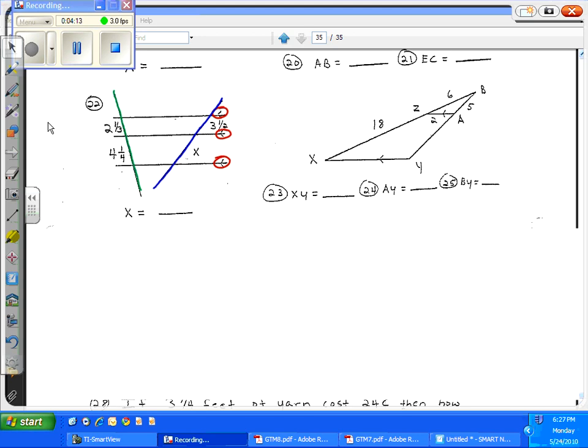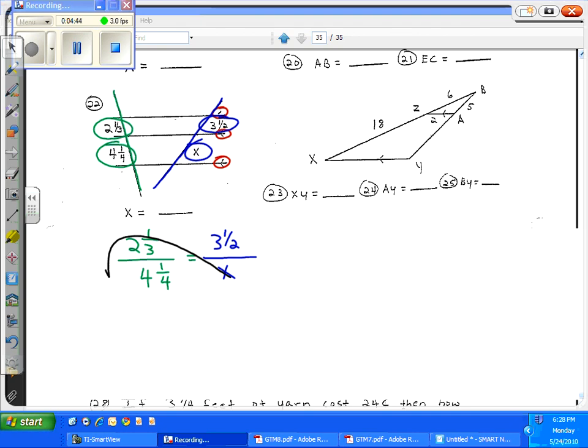If 3 parallel lines divide 2 transversals, then they divide the 2 transversals proportionally, meaning top piece of the one, 2 1/3 over bottom piece of that one is equal to top piece of the other one, 3 1/2 over bottom piece X. If 3 parallel lines divide 2 transversals, then they divide the 2 transversals proportionally.